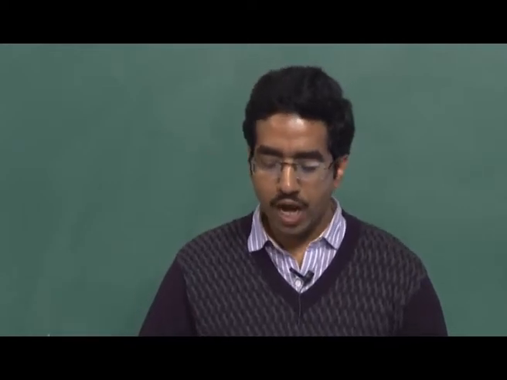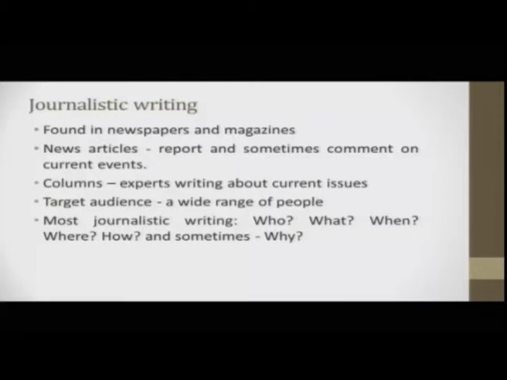We must note here that columns and editorials differ from the usual reports. While reports mostly answer who, what, when, where, how, these kinds of factual details, columns and editorials also sometimes answer why. So, they include opinions, views expressed by the writer.